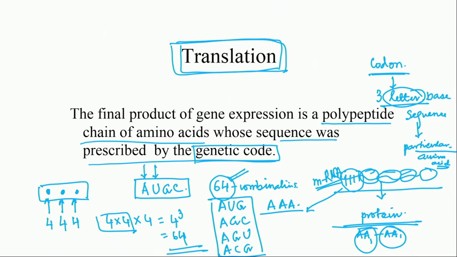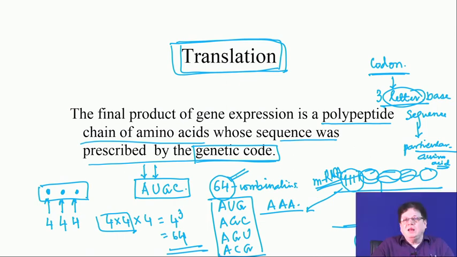Nonsense means that it does not make any sense, that means it does not code for any amino acid. So these are called stop codons, and the rest 61 are coding for one or the other of the 20 amino acids.